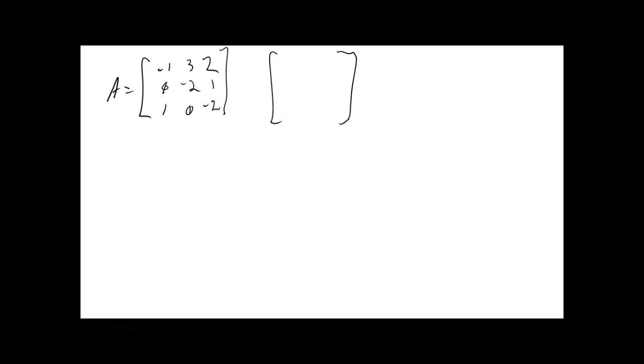That would be -2 times -2, which is positive 4, minus 0. So that would be 4. The sign was positive, so the cofactor is 4. You do that with every position.